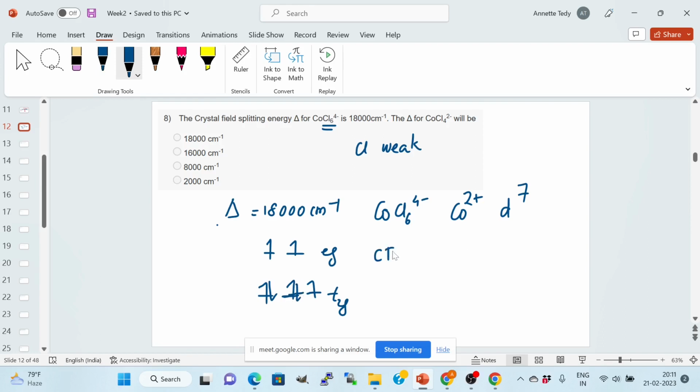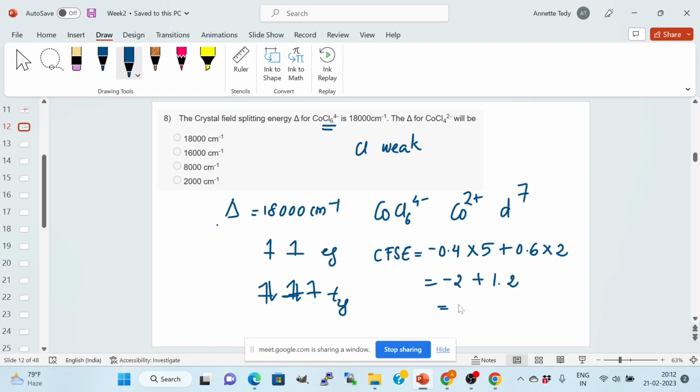Okay. So for this one we will calculate the CFSE. Each t2g electron will have minus 0.4, minus 0.4 into how many electrons do we have? 2 plus 4, so we have 5 electrons, right? Plus 0.6 into 2. So this will be minus 2 plus 1.2.